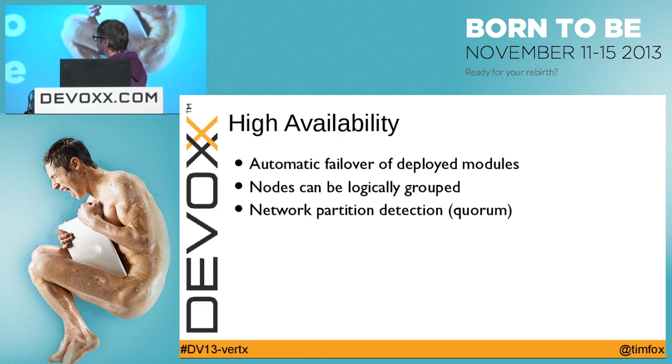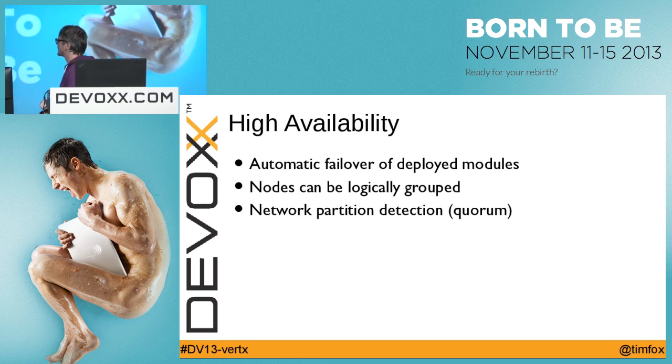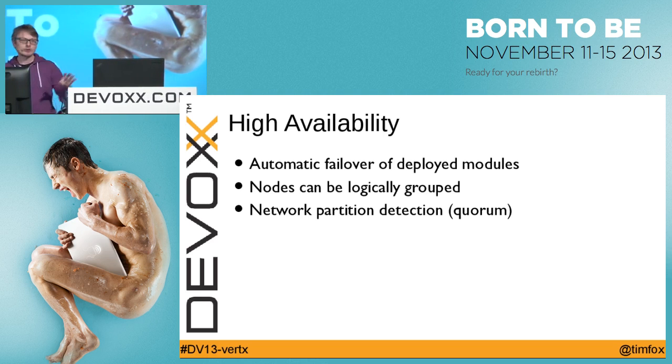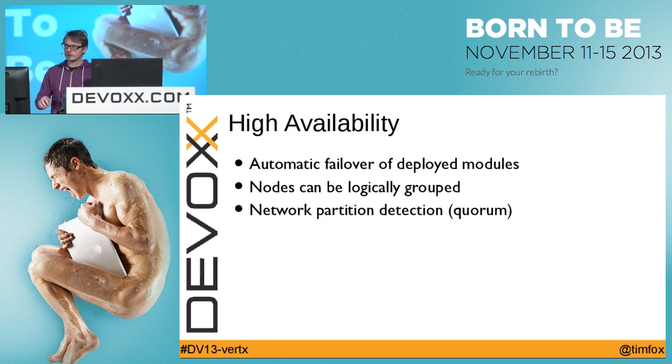So we support automatic failover of deployed modules. What this means is you can have your modules running on your server, and if you have more than one node and one of the nodes goes down, another node will take over responsibility for those modules. You can group your nodes into logical subgroups, so a particular application only fails over to a certain subgroup of nodes.